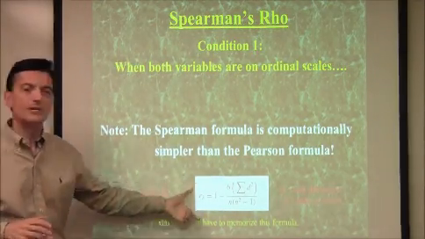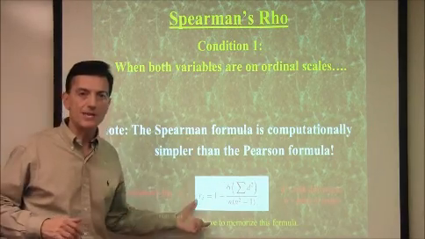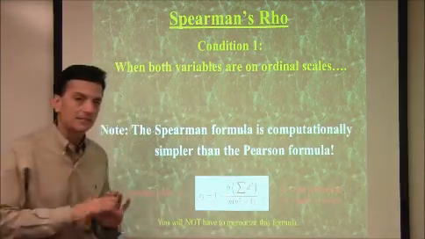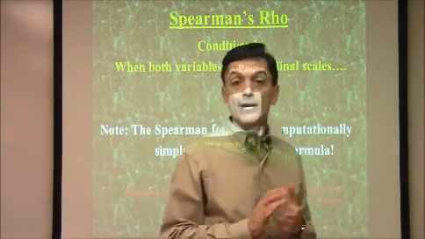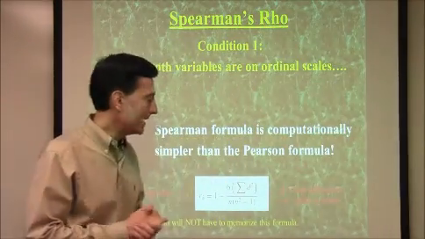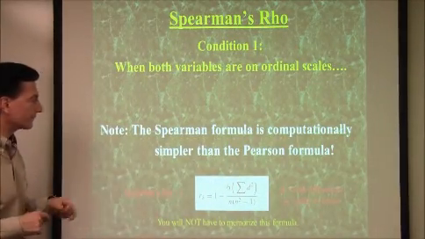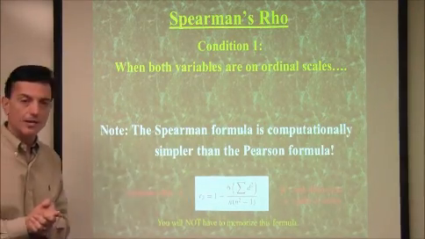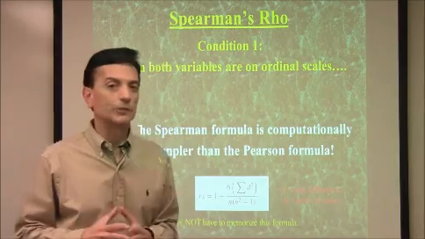In fact, I'm not even sure I'm going to have you compute this manually. But what I would like you to appreciate is that if you take a look at the formula, it does not require any mean or any average, okay? Unlike the Pearson formula. And for this reason, it's said to be non-parametric. Okay? So the Spearman formula is computationally simpler than the Pearson because we don't have to do sums of squares, which are based on means.